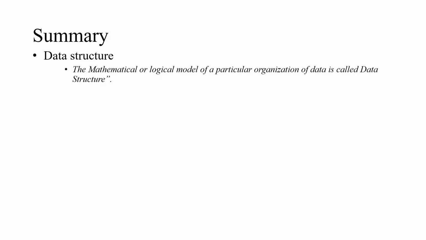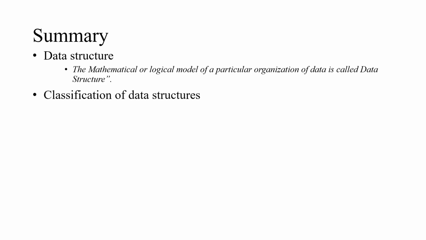The summary of this session is: initially we learned the importance and need of data structure in computer science and engineering. To see that, we looked at some examples like a dictionary and a map. Then we looked at the data structure definition: a mathematical or logical model of a particular organization of data is called a data structure.